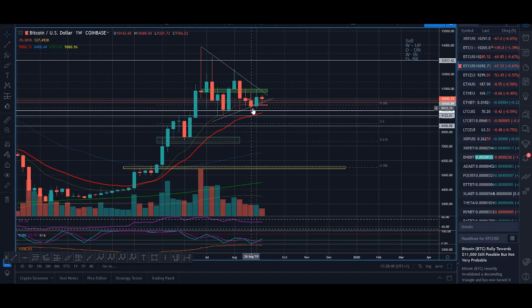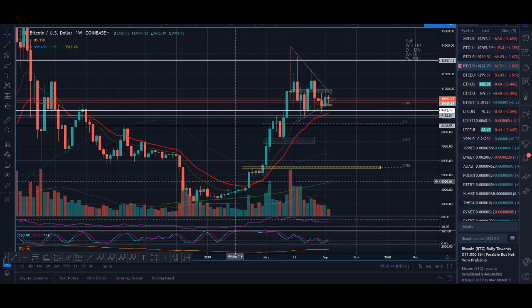Bitcoin had a fake breakout and it's gone above. In simple terms, if you know simple technical analysis, when we're going up, we want to see volume, and we saw a lot of volume, and now the volume is going down. That is exactly what you want to see. When the price is going up, you want to see big volume, and when the price is going down, you don't want to see as much volume. So this is exactly what we saw.